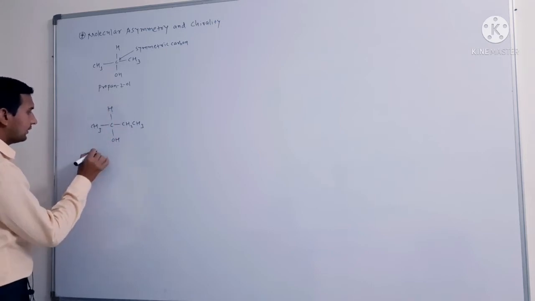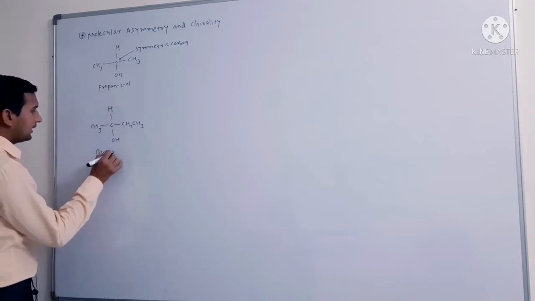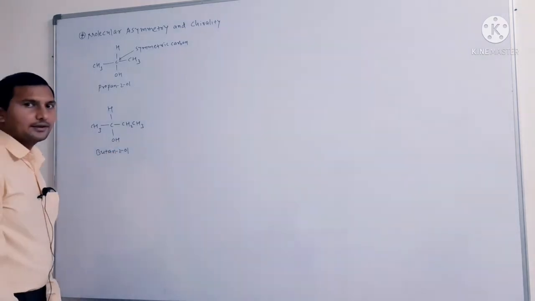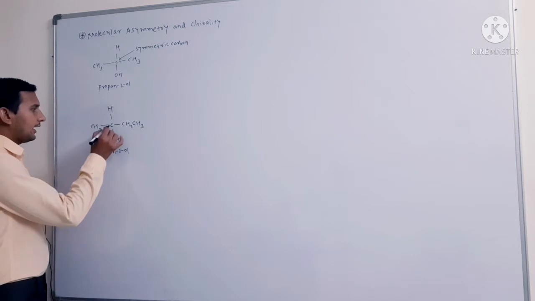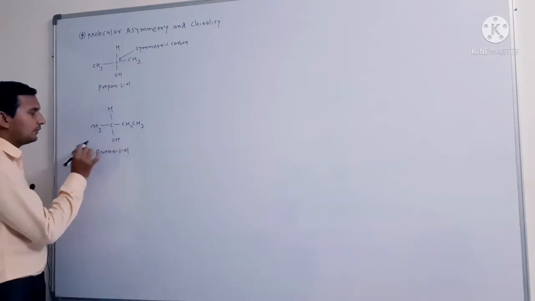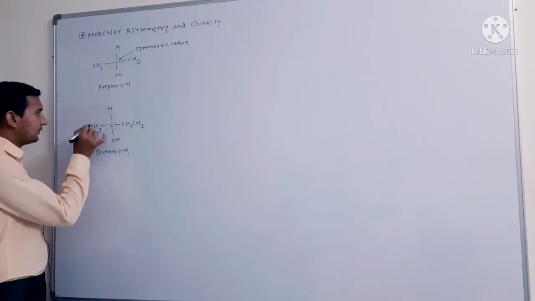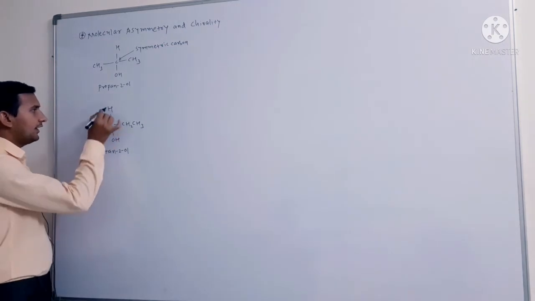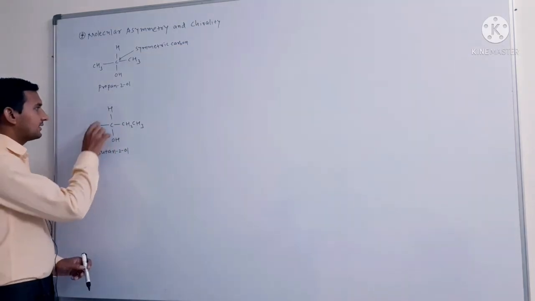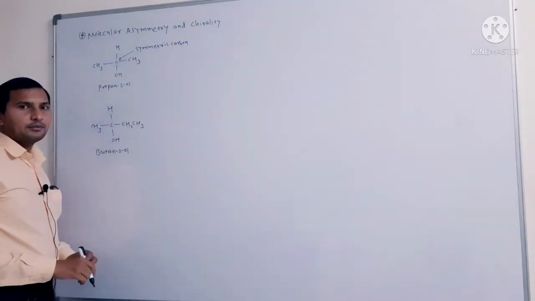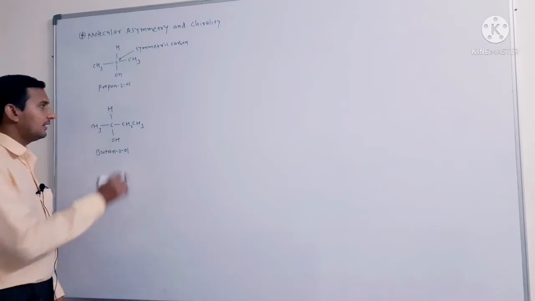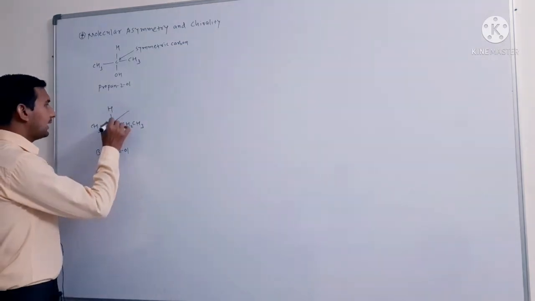This is called butan-2-ol. In butan-2-ol, the carbon is attached to an ethyl group, a methyl group, a hydroxyl group and a hydrogen. So the four valencies of this carbon are satisfied by different types of atoms or groups of atoms. So such a carbon is said to be an asymmetric carbon.